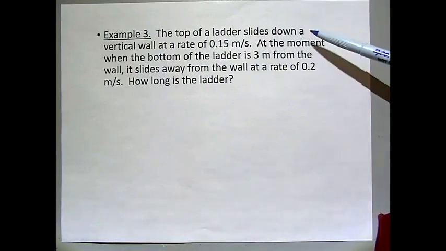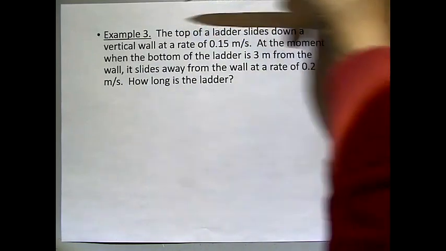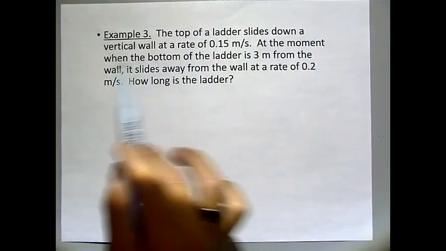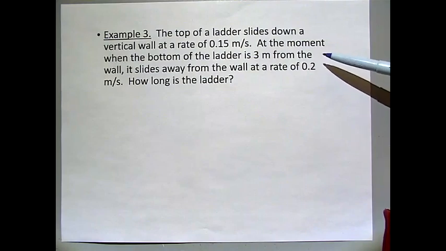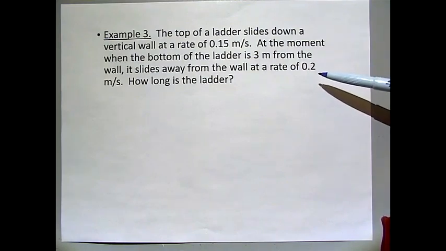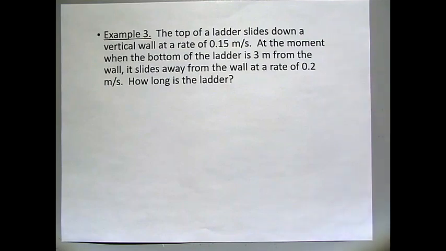And we know here that the top of the ladder is sliding down at the rate of 0.15 meters per second. At a particular moment when the bottom of the ladder is 3 meters from the wall, it is sliding away from the wall at the rate of 0.2 meters per second. Okay, that's how fast it is sliding down. That's how fast it's sliding away from the wall.